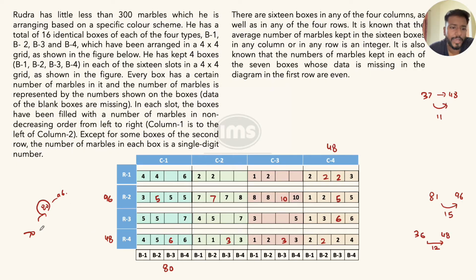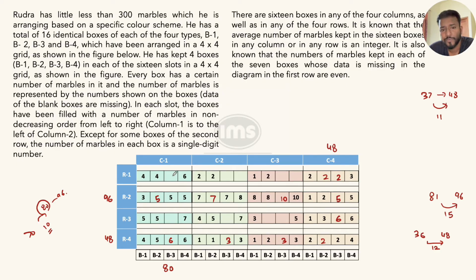Now to take 70 to 80, you need to increment by 10. So let's check what possibilities there can be, because for this particular block in the C1R1 row, remember that it cannot contain an odd value. So here 5 cannot come, so it has to be either 4 or 6. Now if we start checking from here, let's say it is 6, the maximum possibility. If this is 6, this has to be 4 then to make a sum of 10, but 4 cannot come because it will be decreasing in order. That means it is going to be 4.